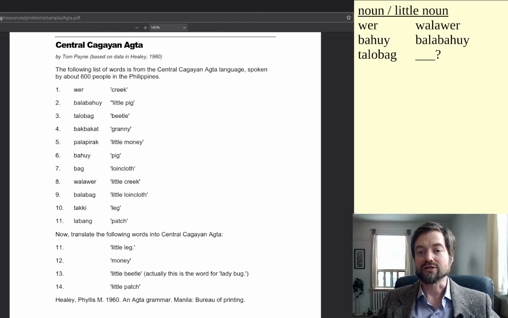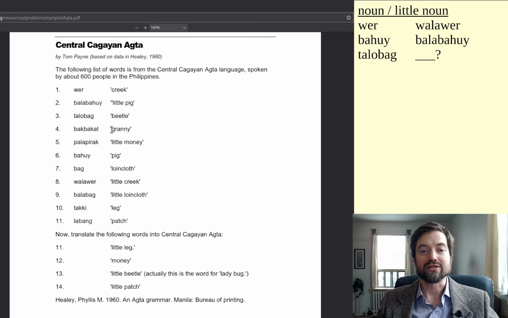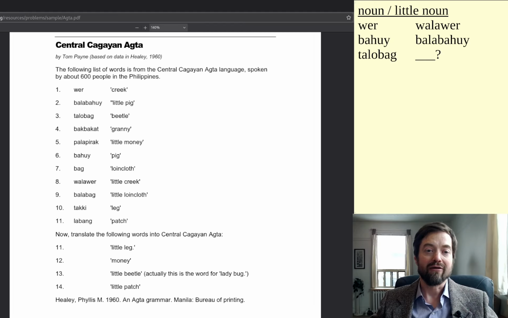So that's a repetition, in linguistics called a reduplication. And so there's maybe a clue for that with granny, but since we don't see what it looks like without the repetition, we can't tell. Unless sometimes you can see words that are kind of hiding, like it might not say little granny, it might say something else, like a little old lady, or just something completely different that you wouldn't expect. But then when you think about it, you could connect it to the idea of granny, maybe. But I don't see anything like that. So I'm going to leave that out for now.